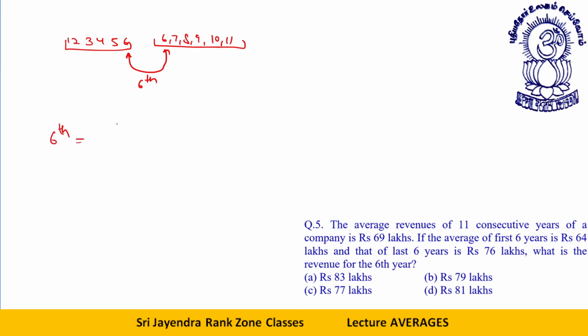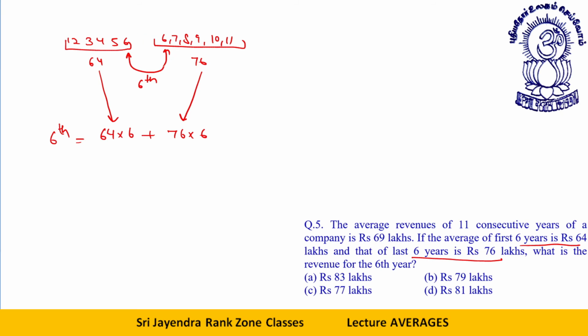The sixth value is found by, see, 6 years is 76, 6 years is 64. So first you will do 64 into 6, then you will do 76 into 6. Suppose the average of this was 64, the average of this was 76, you add all these values. This group is added like this, this group is added like this, but in this process this value is added twice.